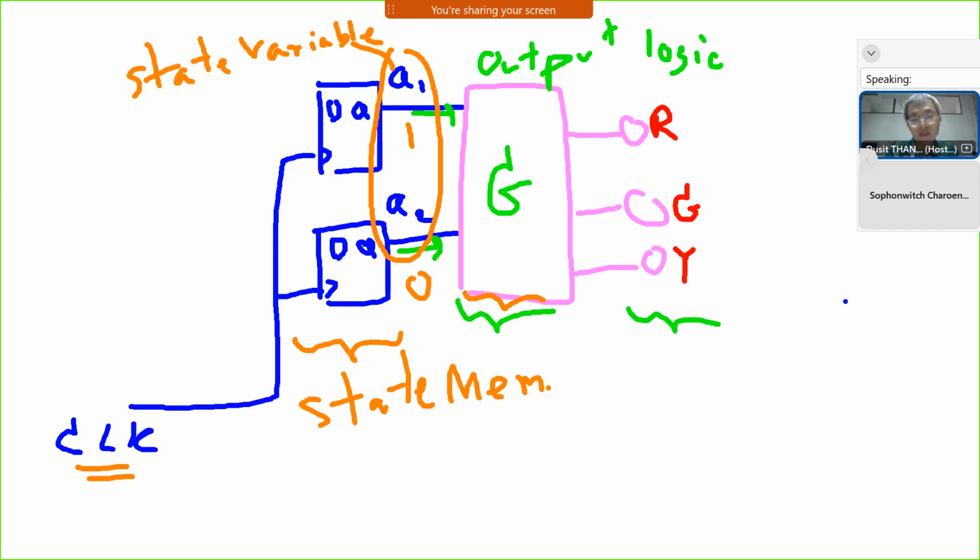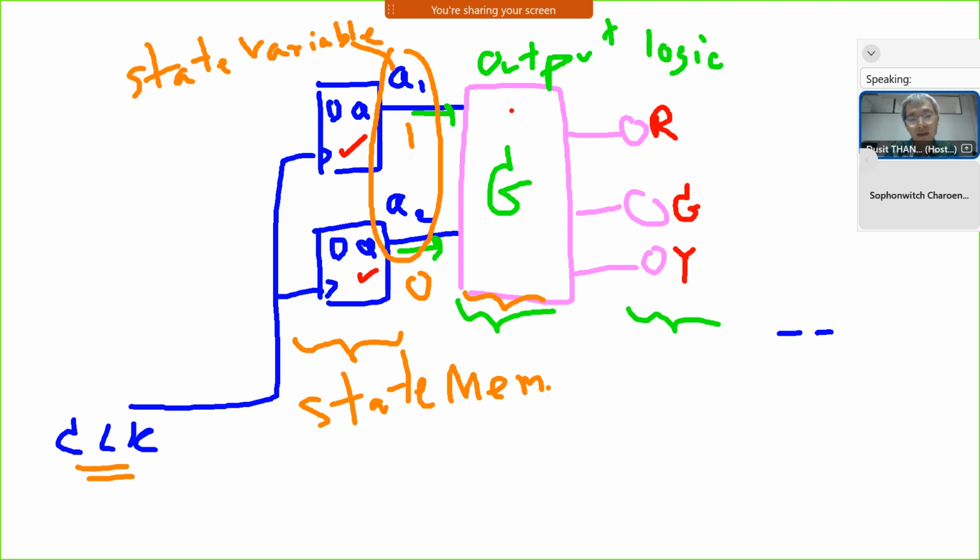That means 3 situations need at least 2 bits to represent the state. So you should use at least 2 flip-flops for state memory. This is the point.